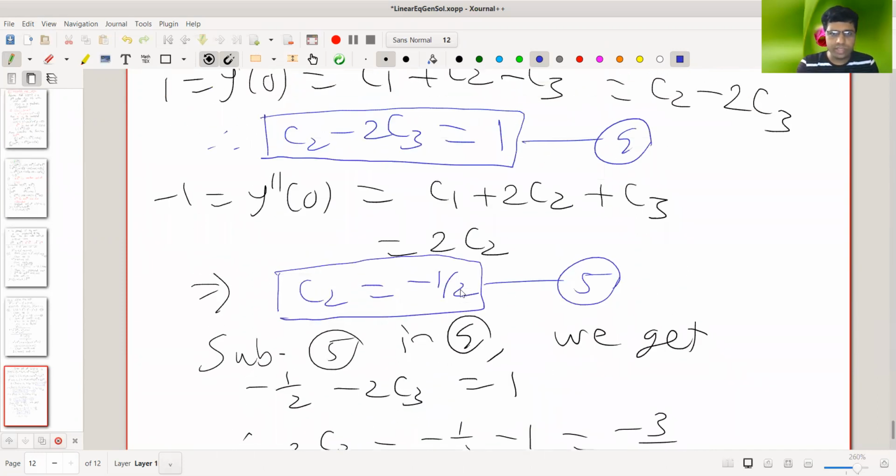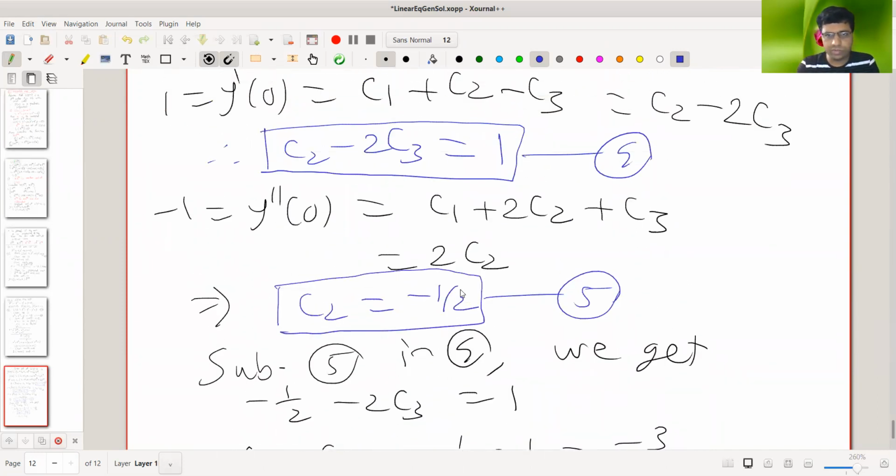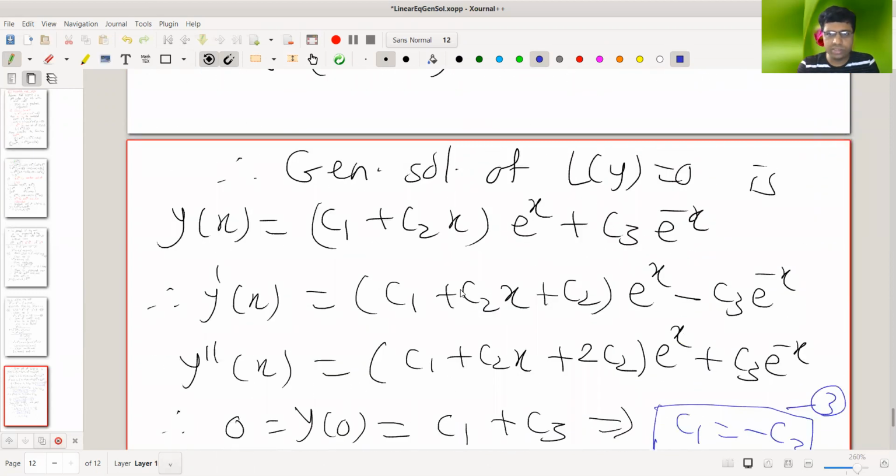So we get all these values and we substitute in the general solution.